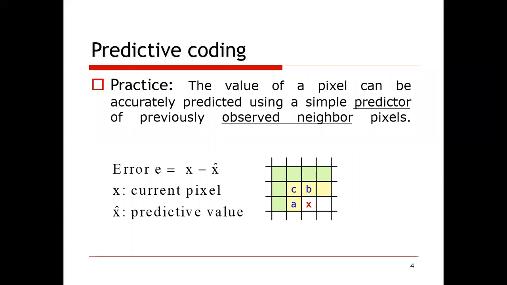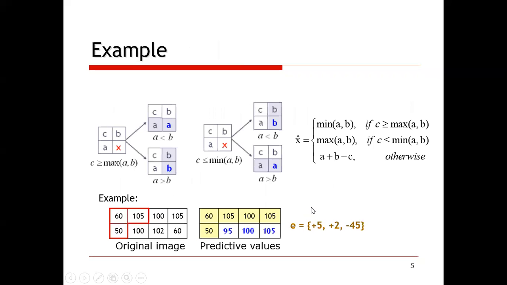First target is to find the predictive value of the given pixel x. How will you find it? Some example is given here, some formula for how to predict the pixel value x.